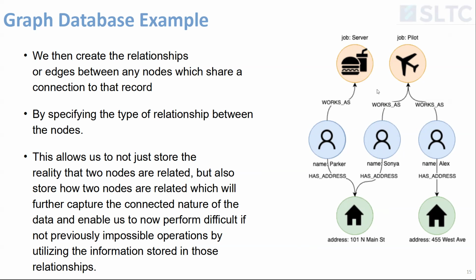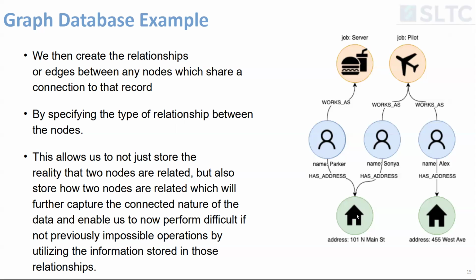Second layer from both. So 101 address, there are two people, isn't it? Now also look at the word written in full caps. WORKS AS. Here there are two WORKS AS. Sonia and Alex both work as pilot. And here Parker and Sonia both have the same address.